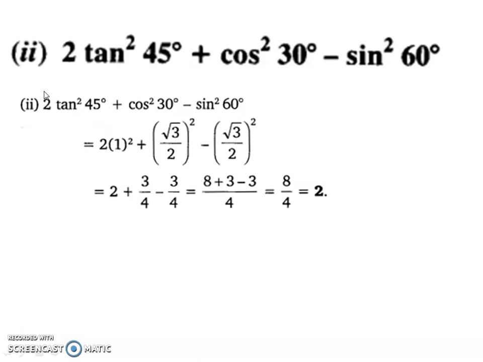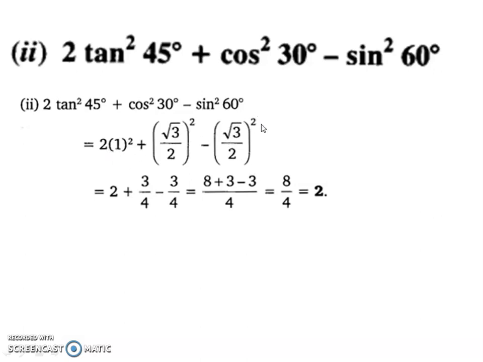You have multiplication of 2 here. 2 into 1 square. What is cos 30? We have seen that it is root 3 by 2. So, cos square 30 is root 3 by 2 the whole square. Sine 60 also was root 3 by 2. So, sine square 60 degree is equal to root 3 by 2 the whole square.